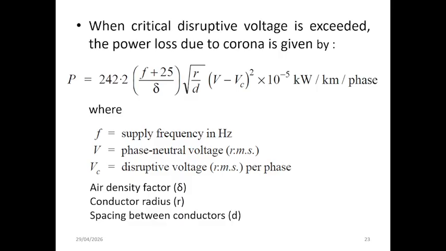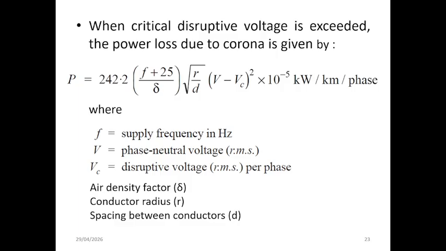The geometric term square root of r over d shows the influence of conductor radius r and spacing d, where larger conductors and greater spacing help reduce losses.